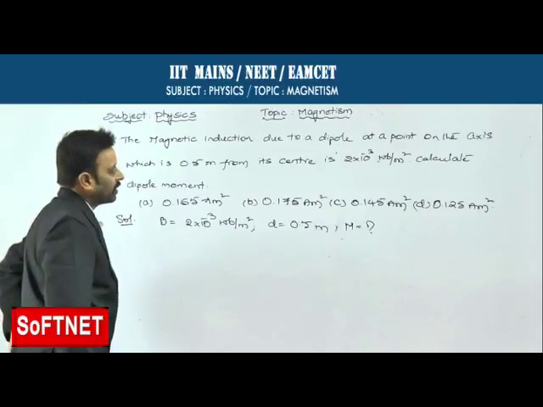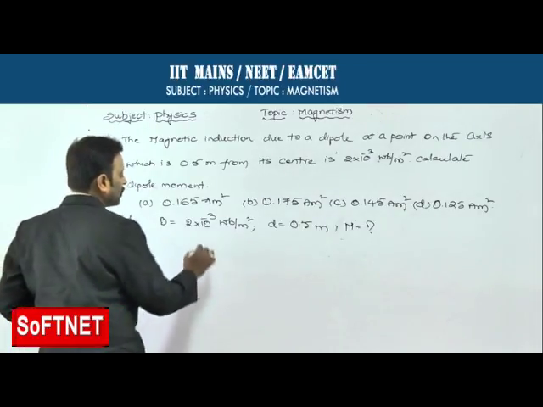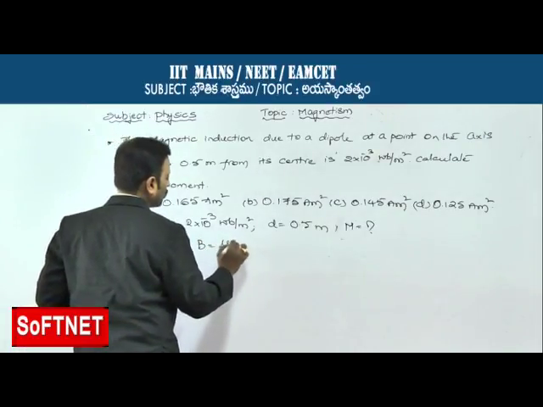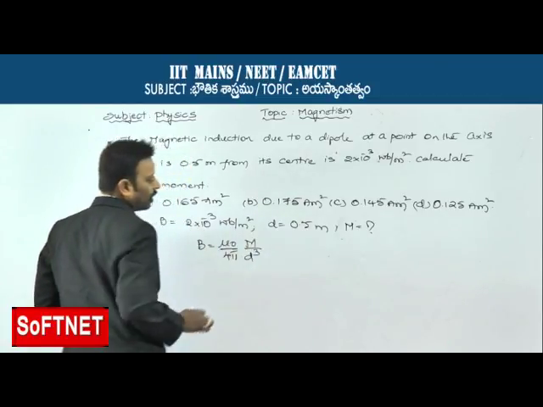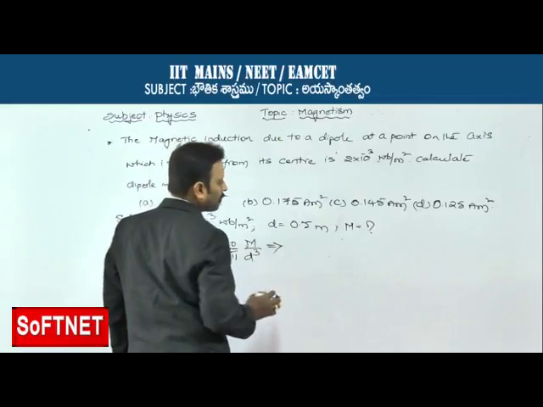The formula for magnetic induction due to a magnetic dipole is B is equal to mu naught by 4 pi, m by d cube. You are asked to calculate the dipole moment.